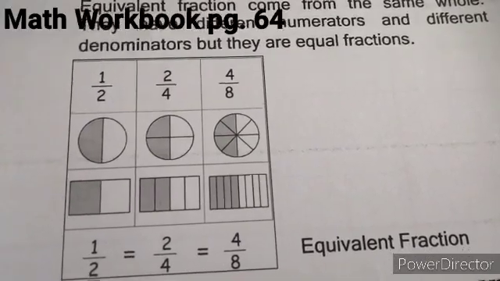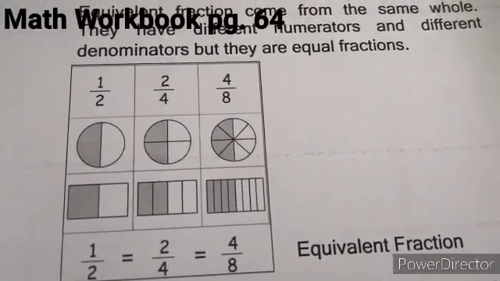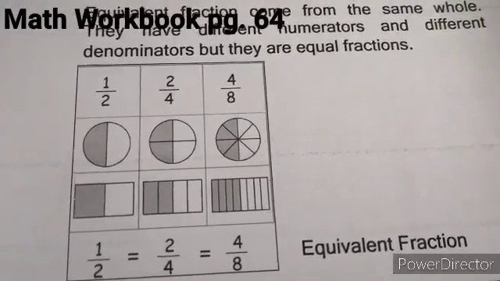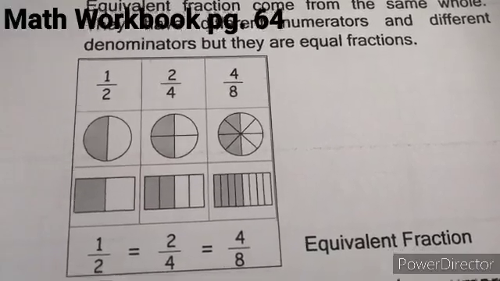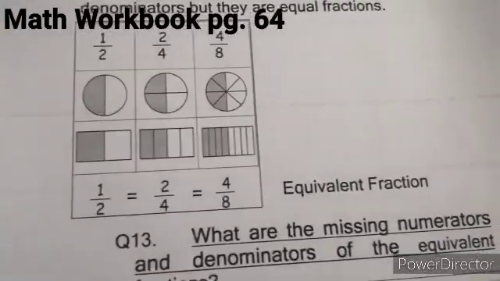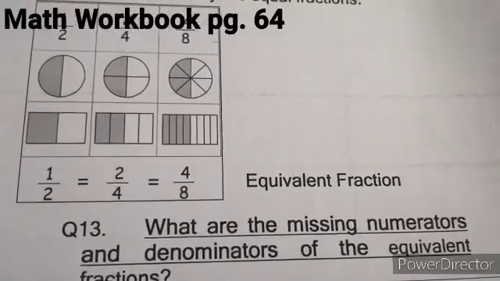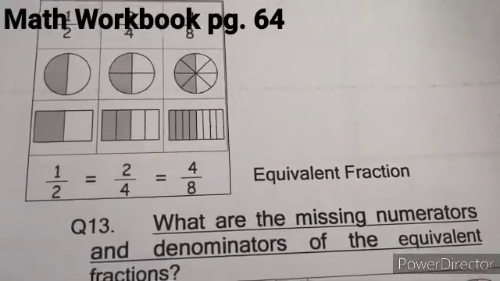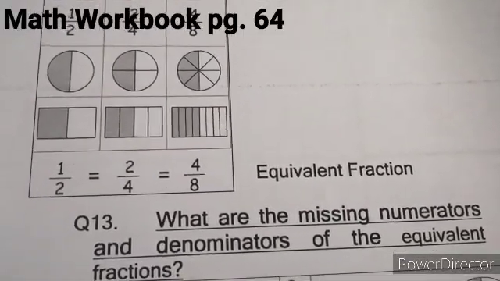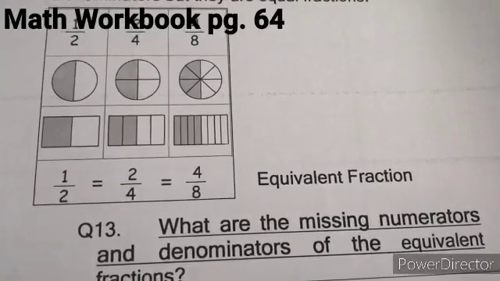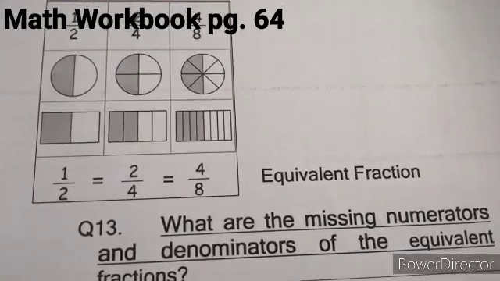See this picture, 1 by 2, 2 by 4 and 4 by 8. All three are equivalent fractions because the same area is shaded in all three and they come from the same whole.